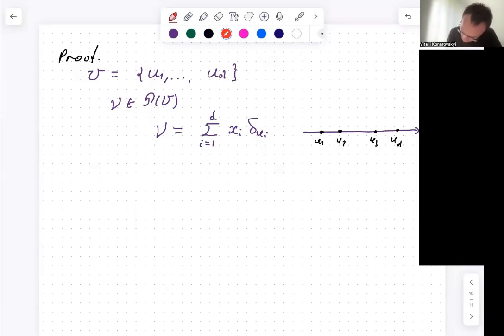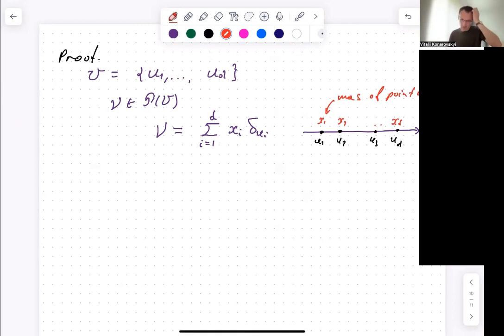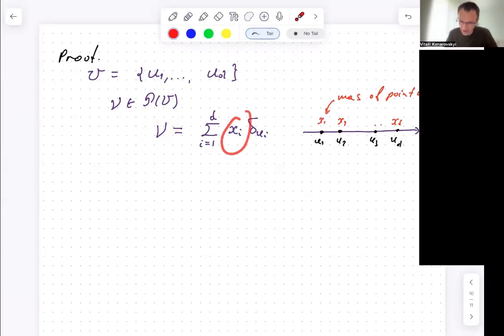And then the mass of every point is x1, x2, and so on up to xd. It is the mass of the point u1, and so on. So therefore, we can identify every measure here with the mass of every point.